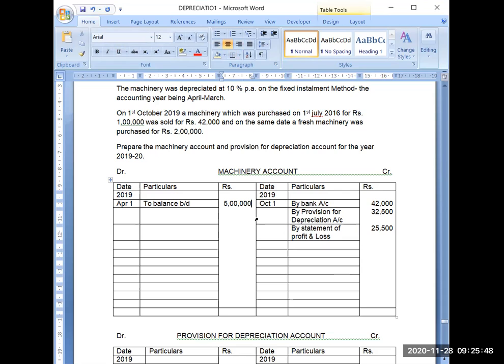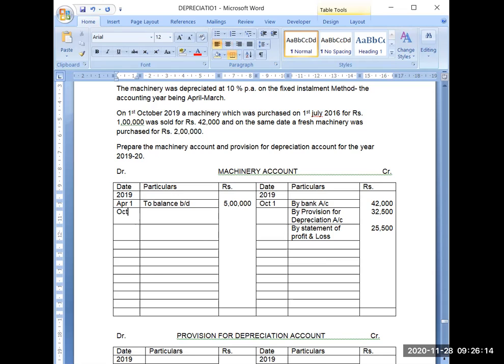That should be clear in your mind that now balance of the machinery will be 4 lakh rupees because we have sold out one machine costing rupees 1 lakh. And in this method, whatever the balance is always there, that is always the original cost of the asset because we don't charge anything in the asset account. Now the question is saying that we have purchased another machinery for rupees 2 lakh on the same date.